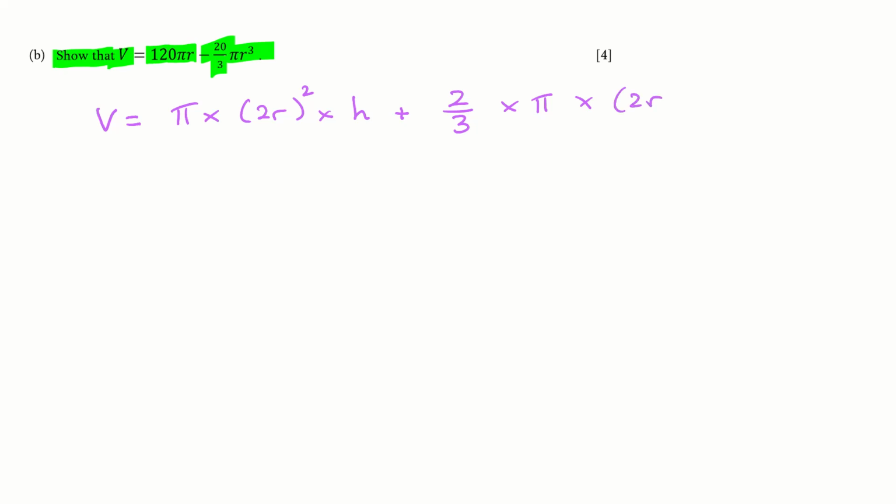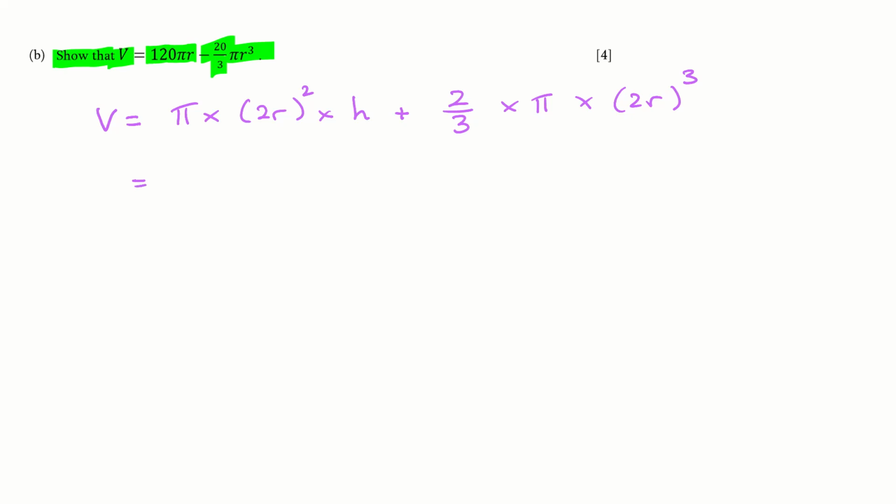Show that V is equal to 120 pi r, take away 20 upon 3 pi r cubed. Well, the volume is going to be the volume of the cylinder, which is pi times the radius squared times the height. And then, since we know the volume of a sphere is 4/3 pi r cubed, for a hemisphere that's going to be 2/3 times pi times its radius cubed.